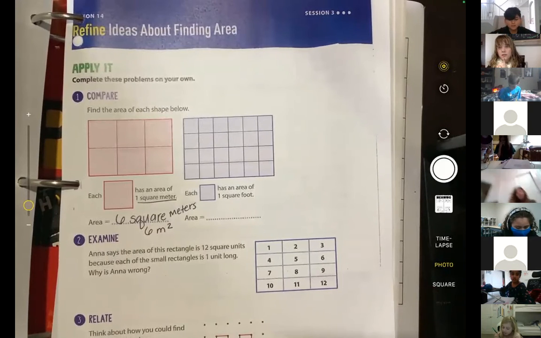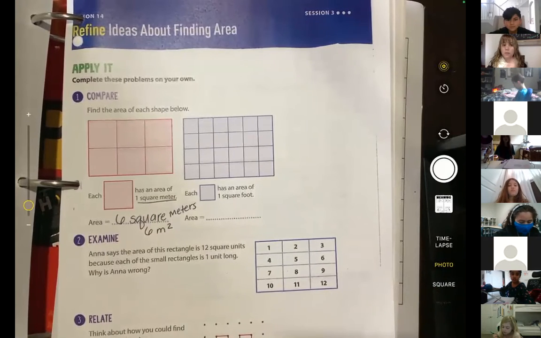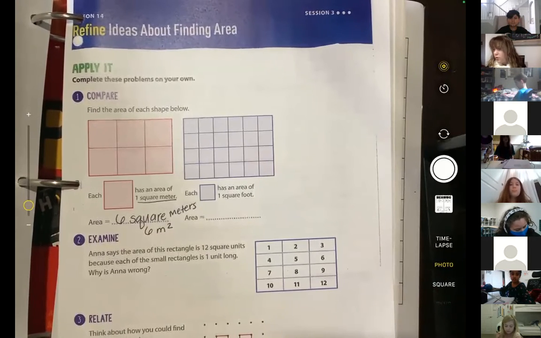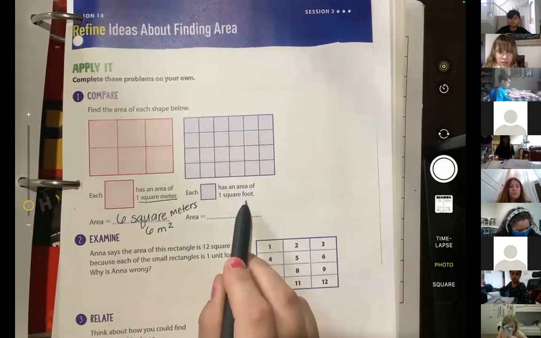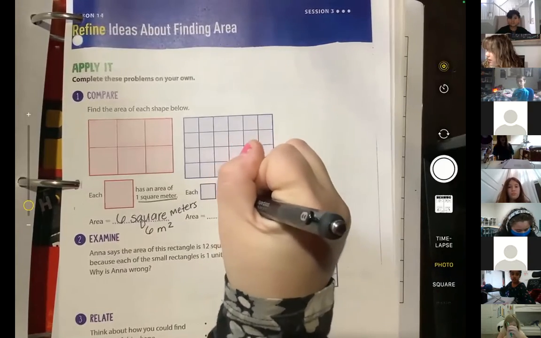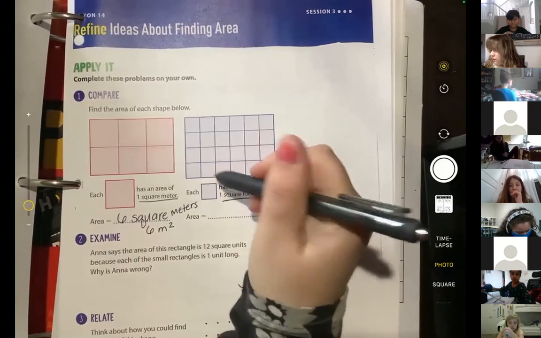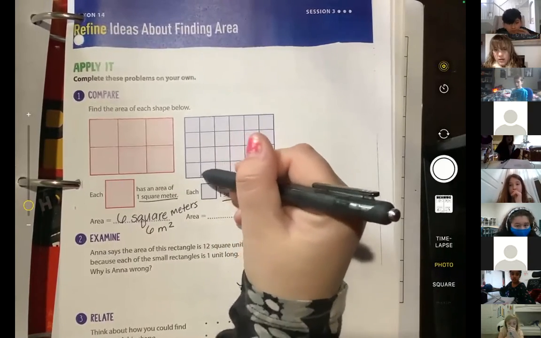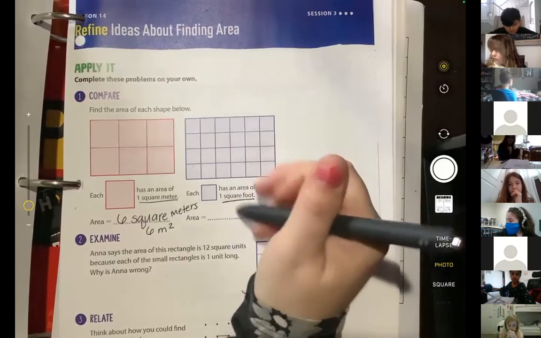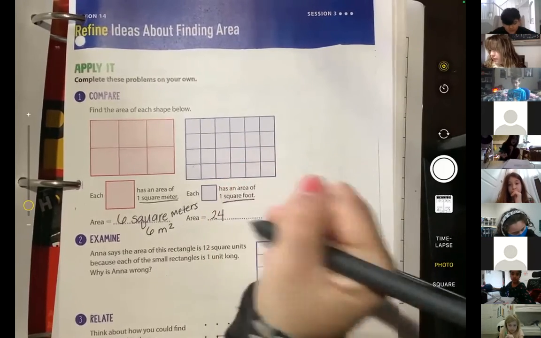However, here's the thing with area and math. Sometimes they're going to ask you to measure it, and that's what unit you're going to use. Sometimes, though, they're going to give us the unit, which they did here. So this is actually feet, because each one of these is a foot, okay? So 24 was right, so good job.